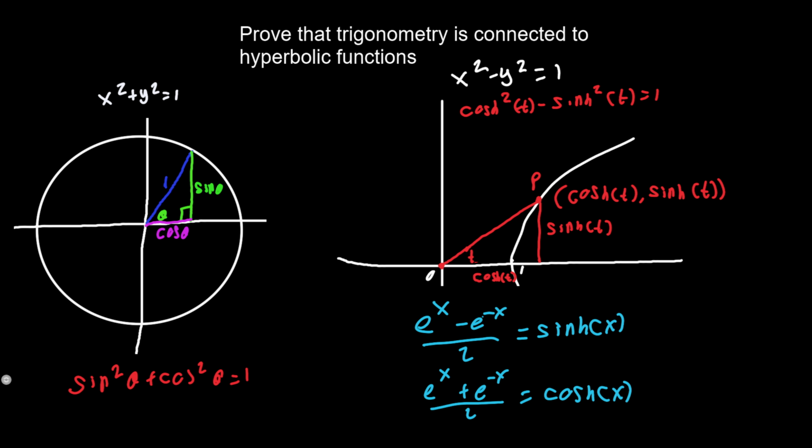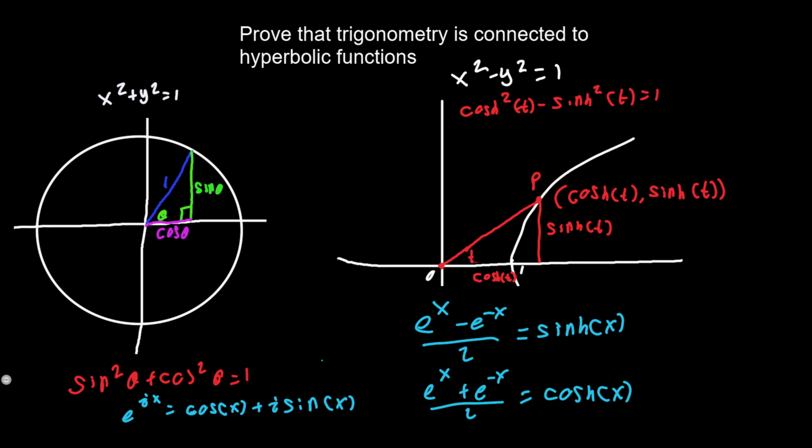So this is pretty much important, because they really connect to exponentials. And if we just use one cool identity, that is Euler's identity, we see that e to the ix is equal to cosine of x plus i sine of x.